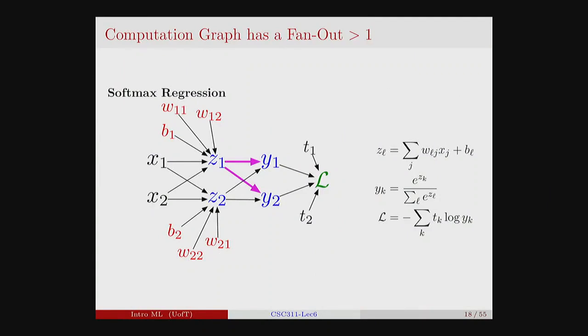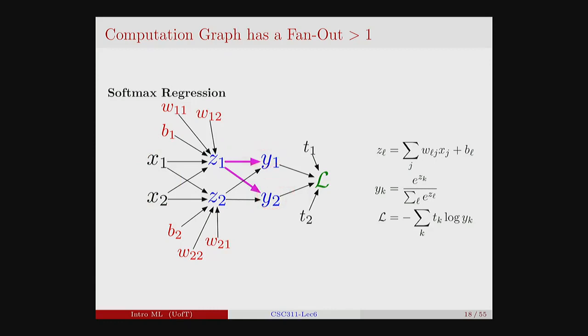And so another example of a computation graph that has a fan out greater than 1 is that of softmax regression. In softmax regression, we're trying to predict the likelihood that an input x, which in this case is 2-dimensional, belongs to one of 2 different classes, y1 or y2.